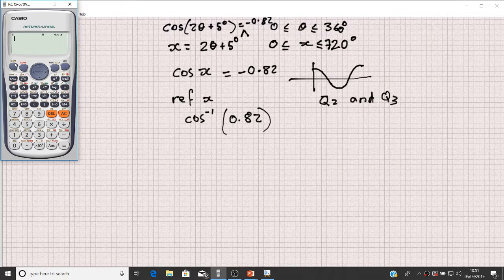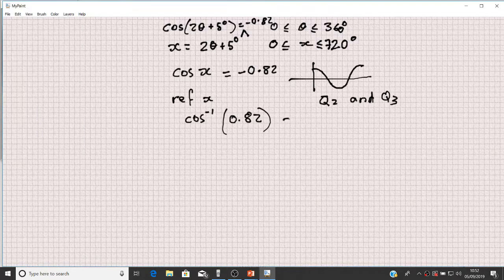So we've got shift cosine, the positive value 0.82, and that will give me 34.9. I'll leave it at that. So this is a reference angle. The reference angle is in Q1.